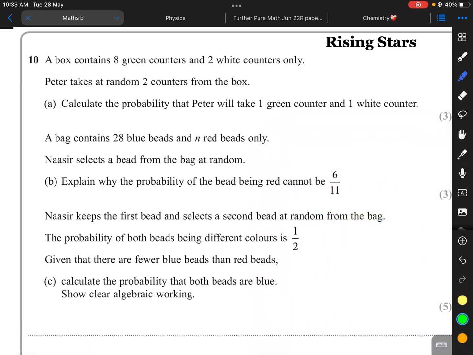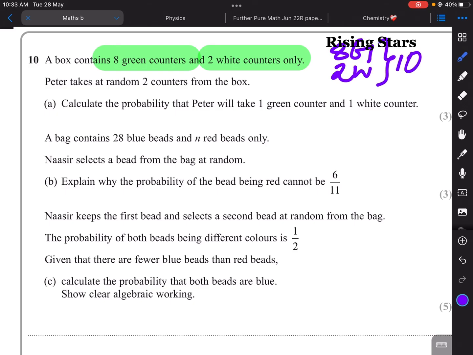It says a box contains 8 green counters and 2 white counters only. So we have a box and the box has 8 green counters and 2 white counters. In total there are 10 counters. Peter takes at random 2 counters from the box.